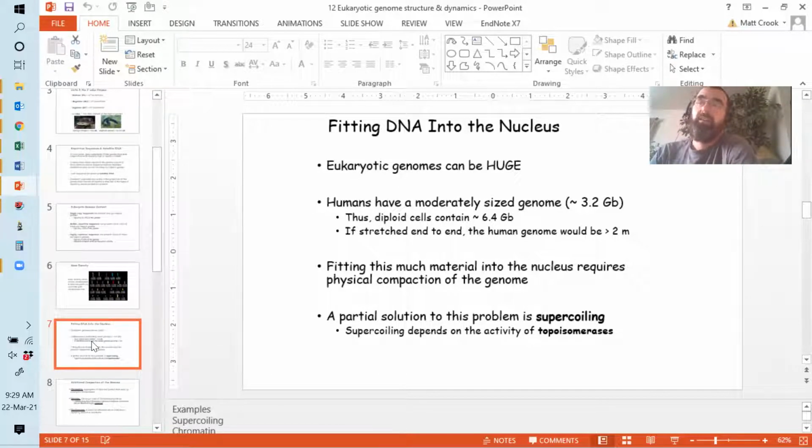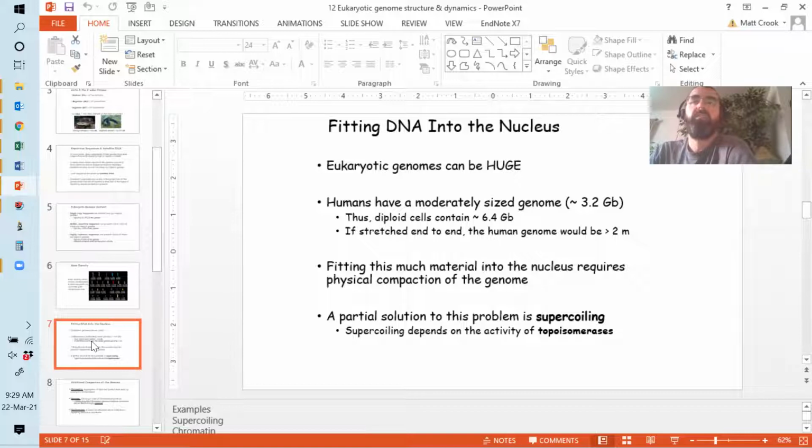And yet our nucleus, or the nuclei in our cells, are fairly small, right? I don't know if you've ever done a quick pack to go on holiday or something, you can stuff a lot of things in a small space real quickly. But if you actually want to get at them, it's a different matter.